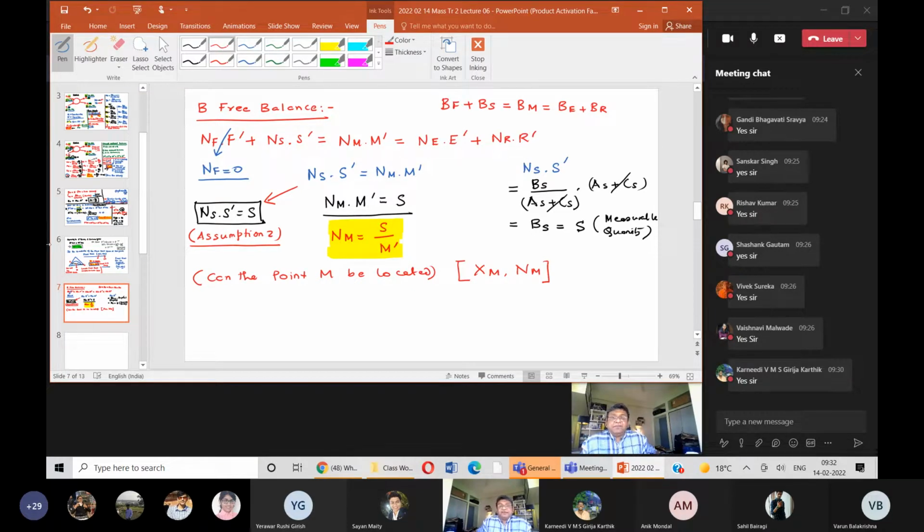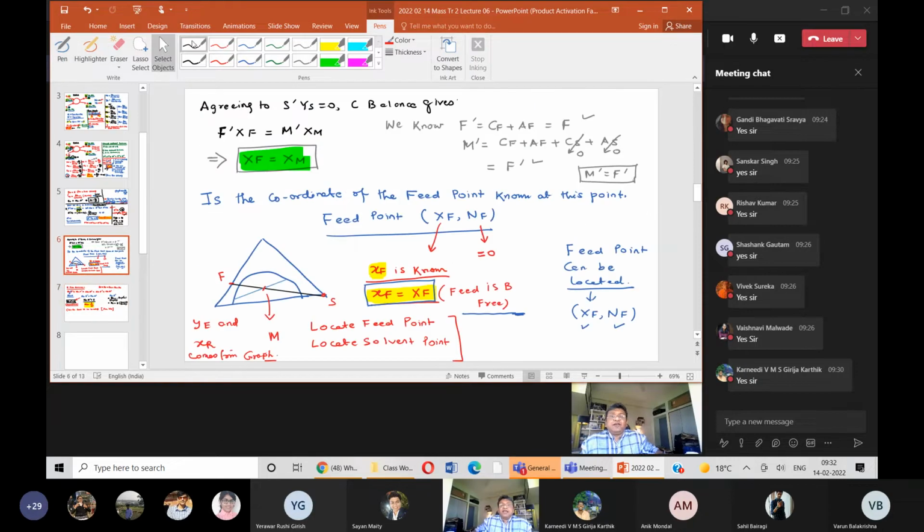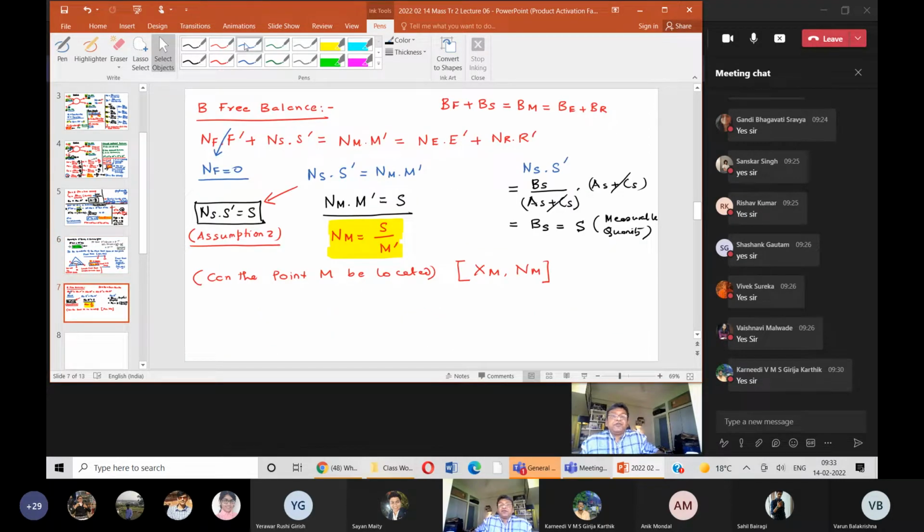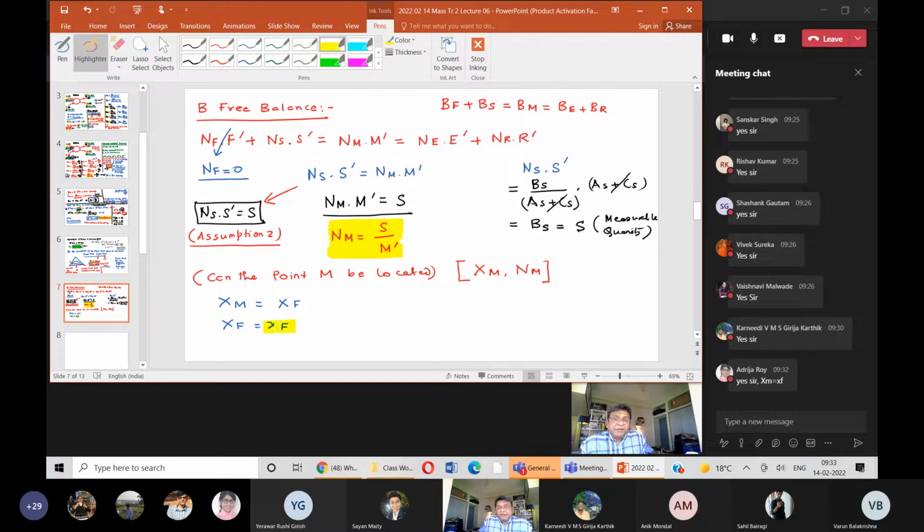Now, what is XM? Somewhere we have shown XM is equal to XF, right? And XF is known. Why this is important? Because capital X values have no meaning, because in a stream, you cannot really find them out. You can only mathematically calculate once the feed composition or the stream composition is known.